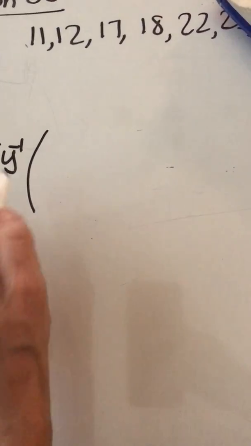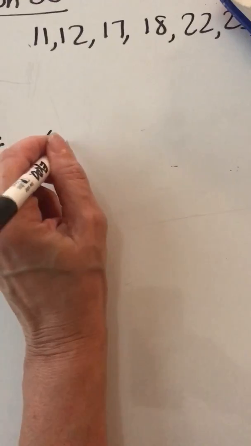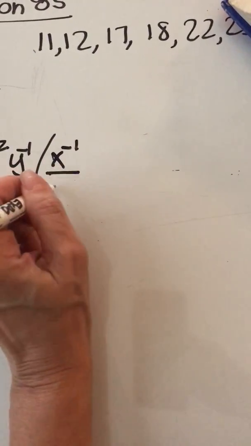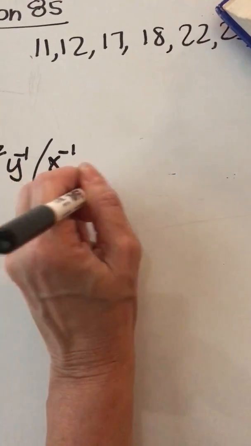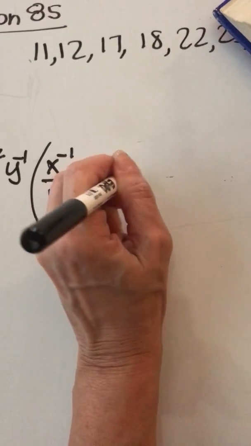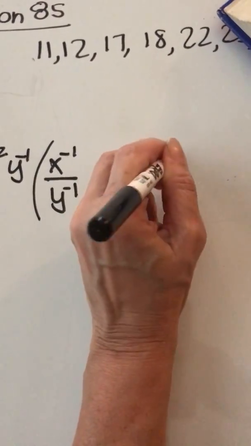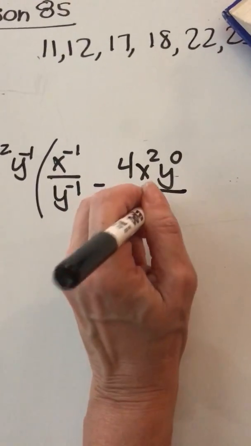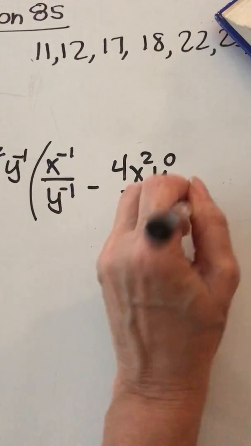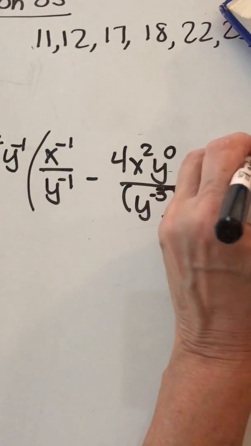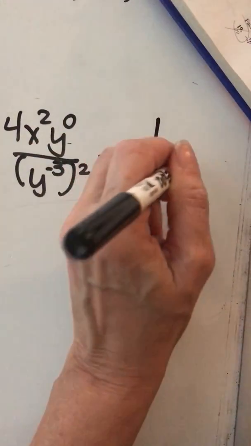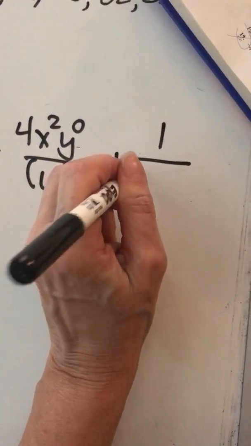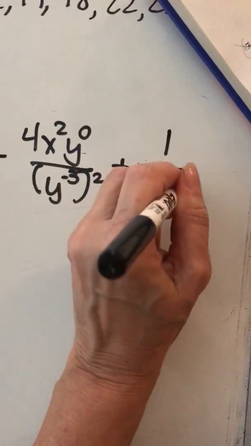And then inside the parentheses, I have x to the negative 1 over y to the negative 1 minus 4x squared y to the 0 over y to the negative 3 raised to the second power plus 1 over x squared y to the negative 1.